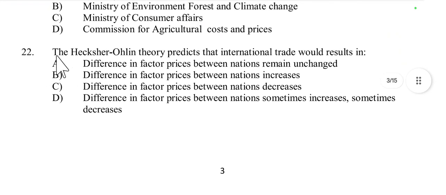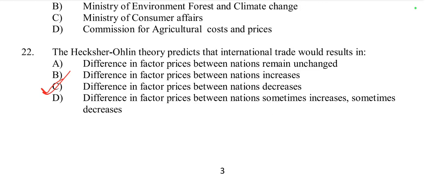Then question number 22, the HOS theory predicts that international trade would result in: difference in factor price between nations remains unchanged, increases, or decreases. Yes, the theory predicts that international trade would result in a decrease in the difference in factor price between nations. What does it mean?